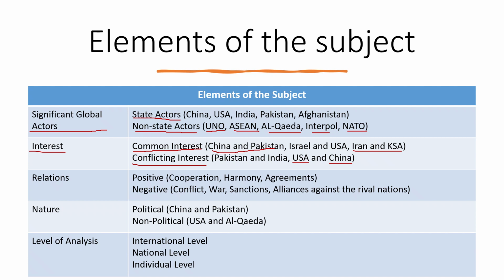They try to analyze every event or situation of the world. They try to analyze all the developments, all the agreements, everything that is happening in the world, because we have studied that IR is the study of the world in transition. So they have three levels of analysis.